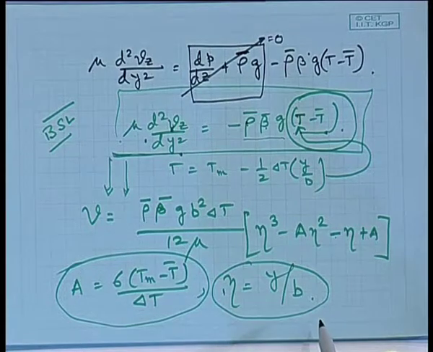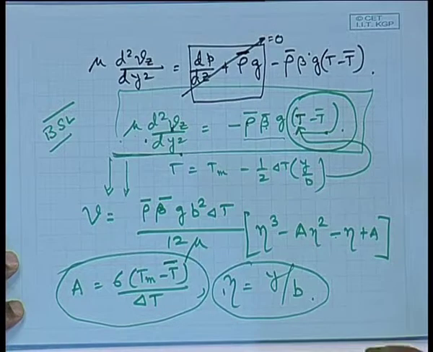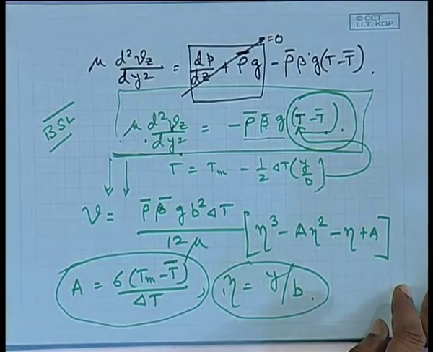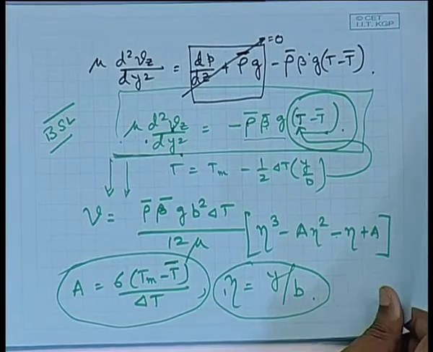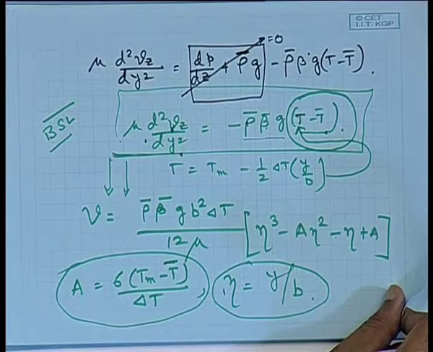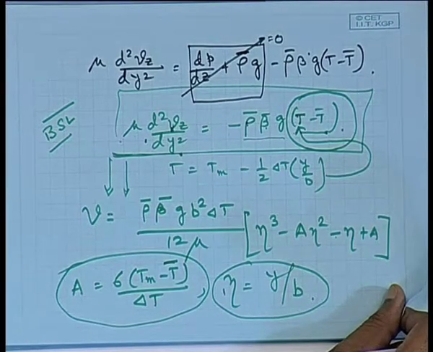Still one thing is unknown in the system, that is T bar. What is the reference temperature? In order to find it, you have to specify certain other conditions, and the condition that I am going to specify here is that the temperature difference between the plates is maintained in such a way that there is no net flow.